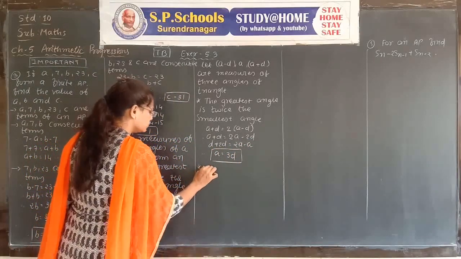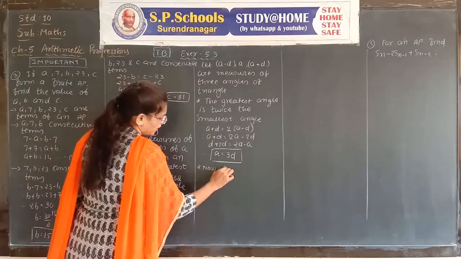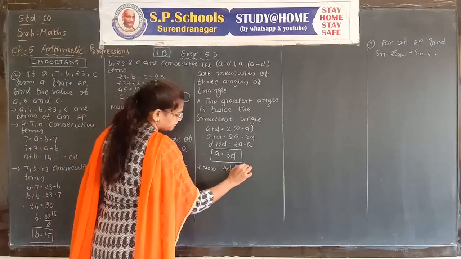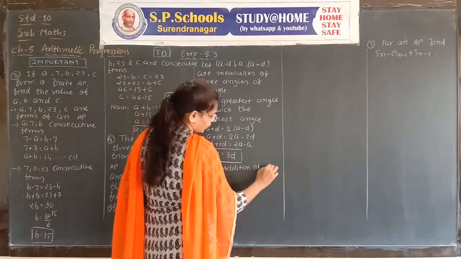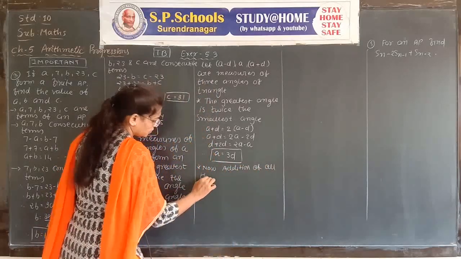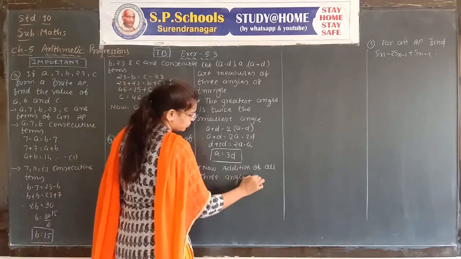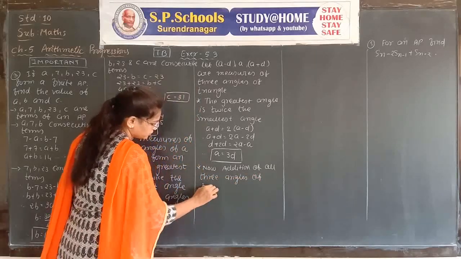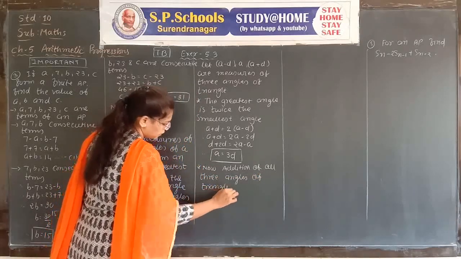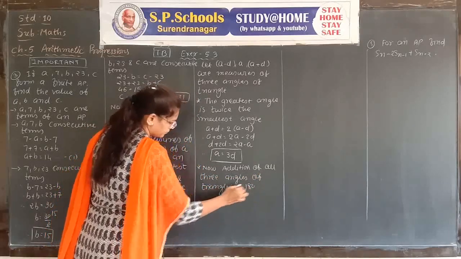Now we know the addition of all three angles of the triangle is 180.